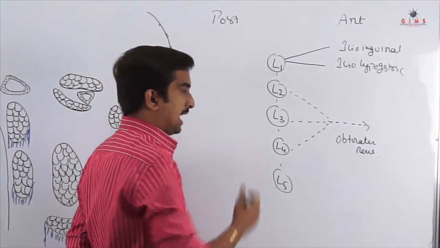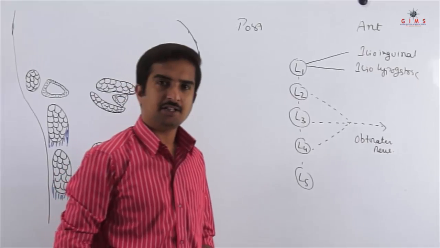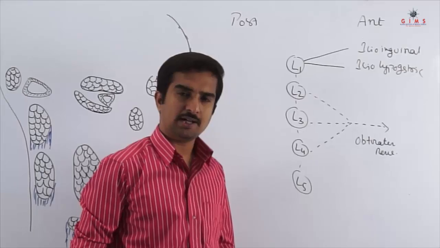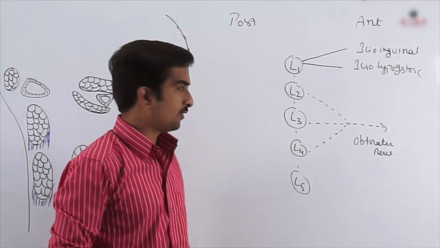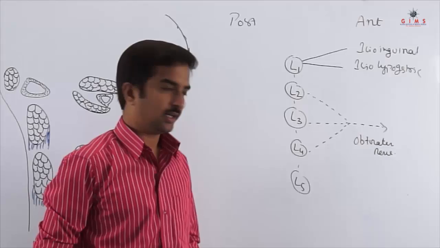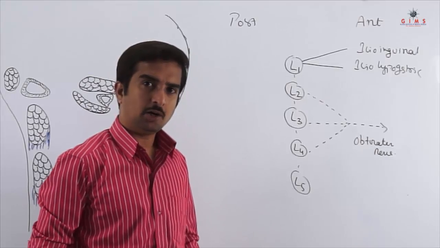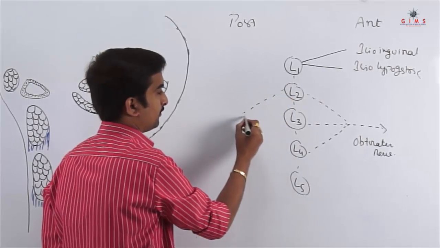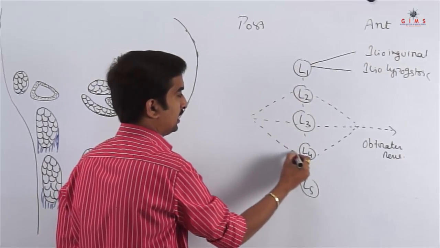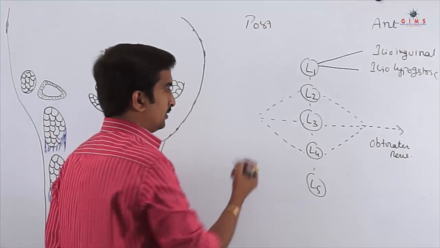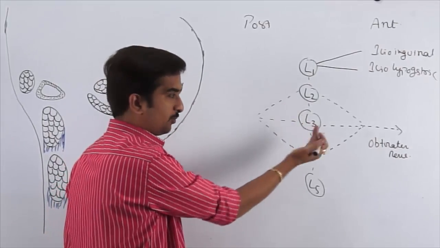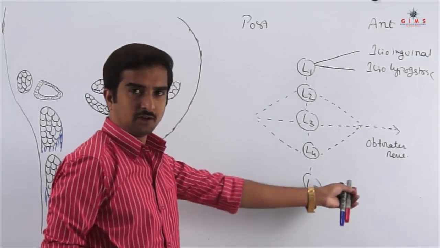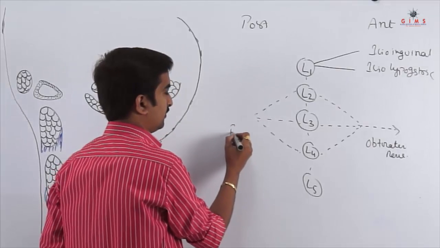That is, the anterior primary rami, the anterior divisions of L2, L3, L4 from the lumbar plexus, join to form the obturator nerve. And from the same L2, L3, L4, the posterior divisions form the femoral nerve.